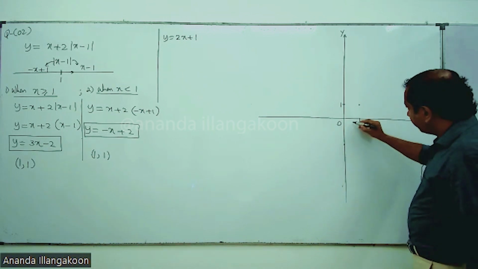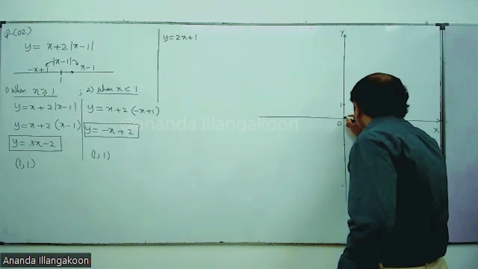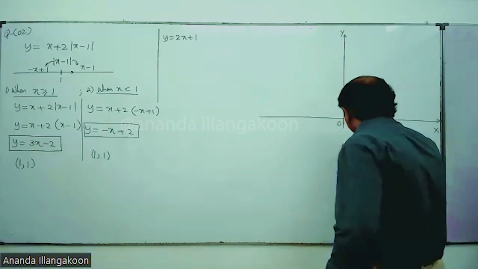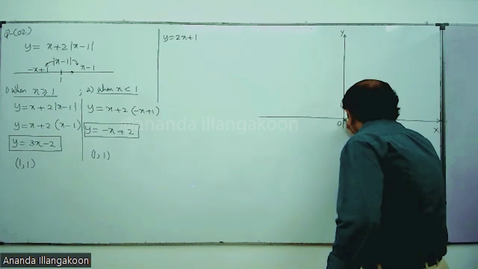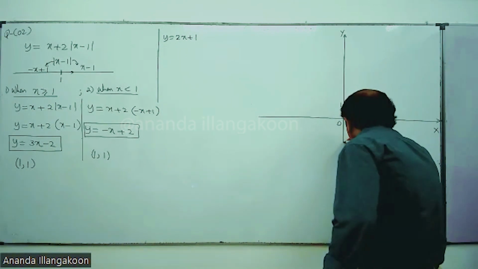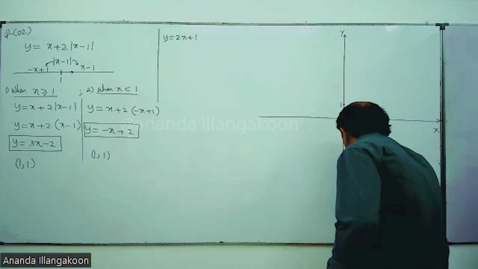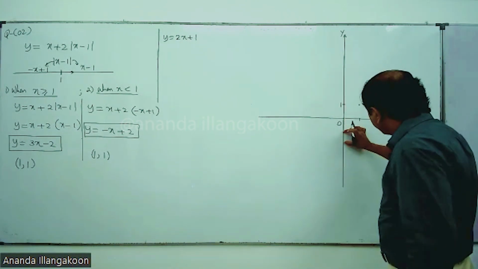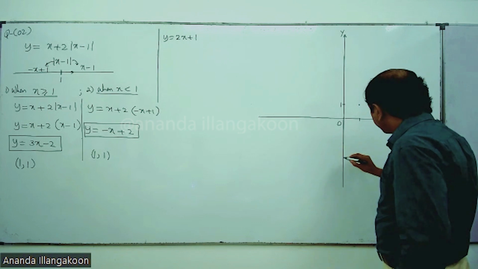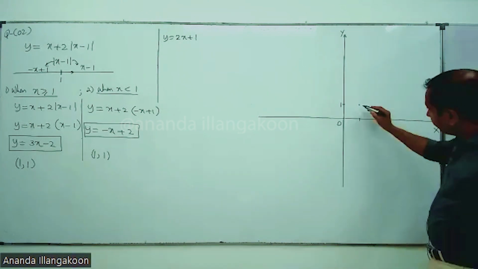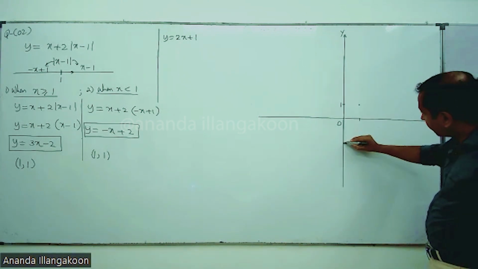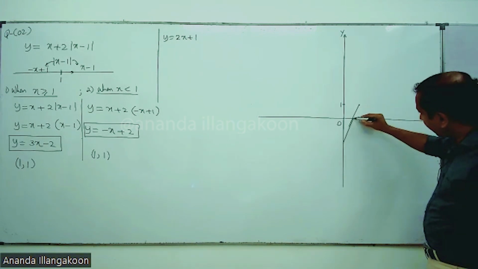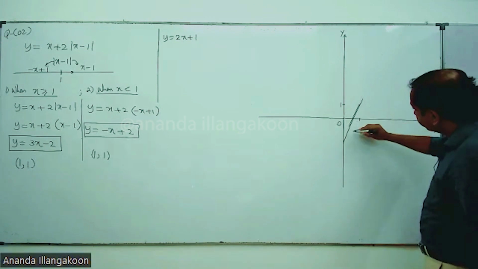But when we join them, right, 1, 2. Now we join these 2 points and produce this thing.